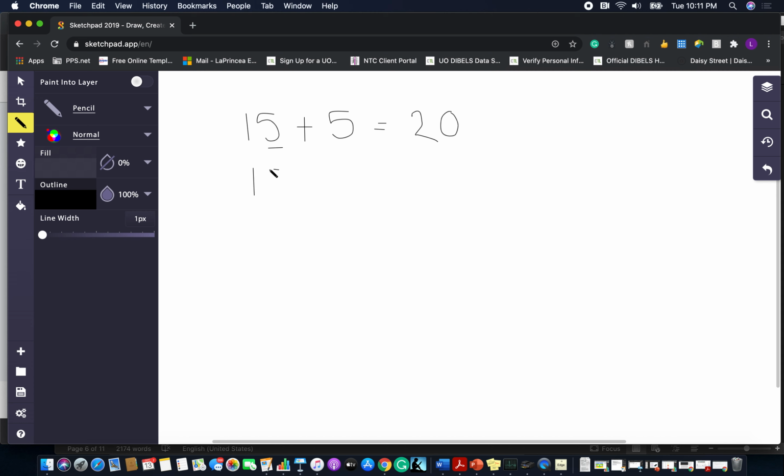The next one is 18. Please write an addition sentence to make your next 10. What you should have is 2. 18 plus 2 is 20. Now I would like you to pause the video and do the same with 47 and 53.